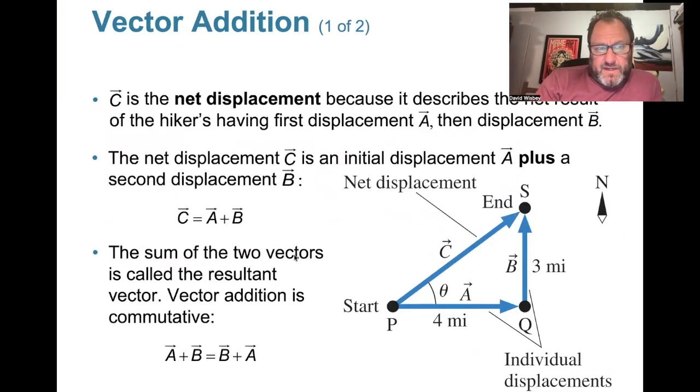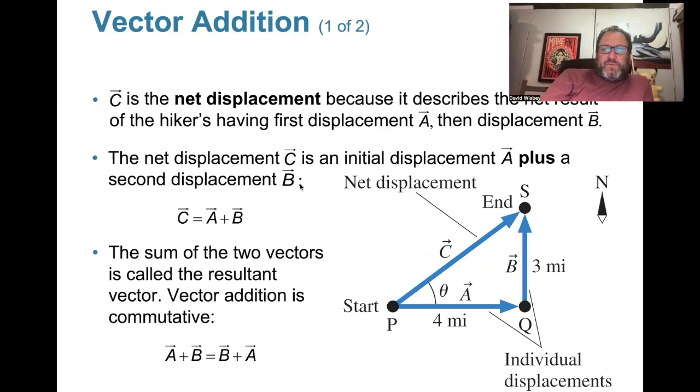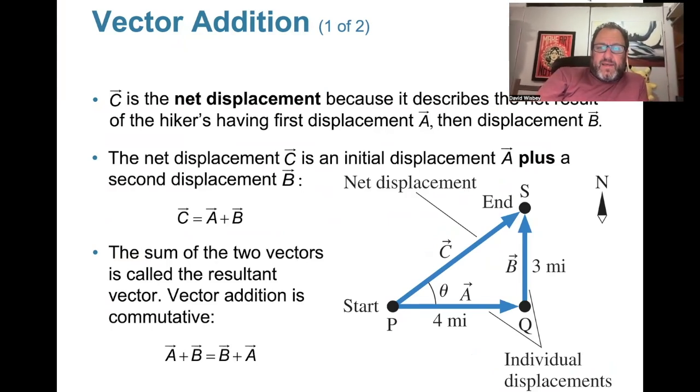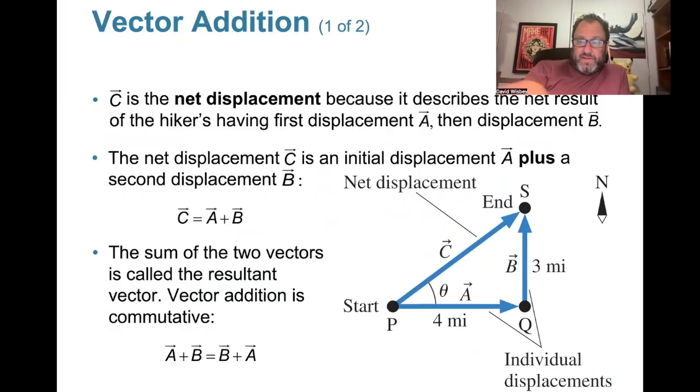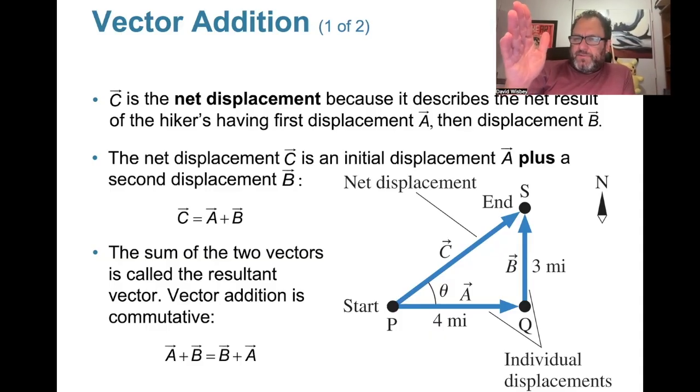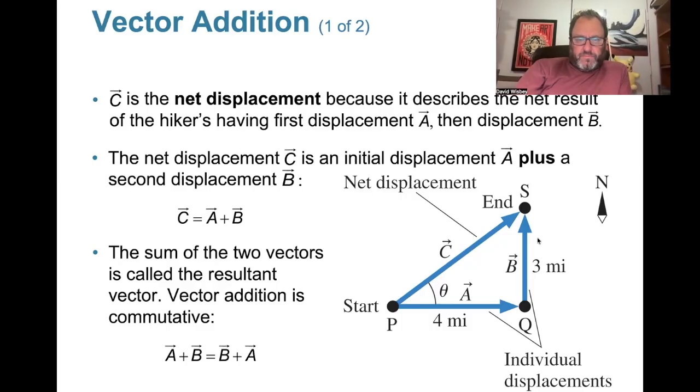Okay, the next, C, is the net displacement because it describes the net result of the hiker having first a displacement of A and then a displacement of B. So if you were out in the wilderness and you hiked in a certain direction, so here, if you went along A, okay, we're calling A east.